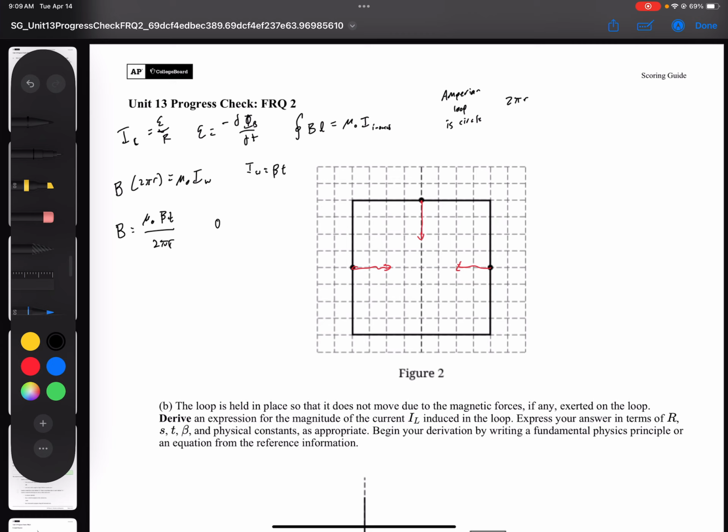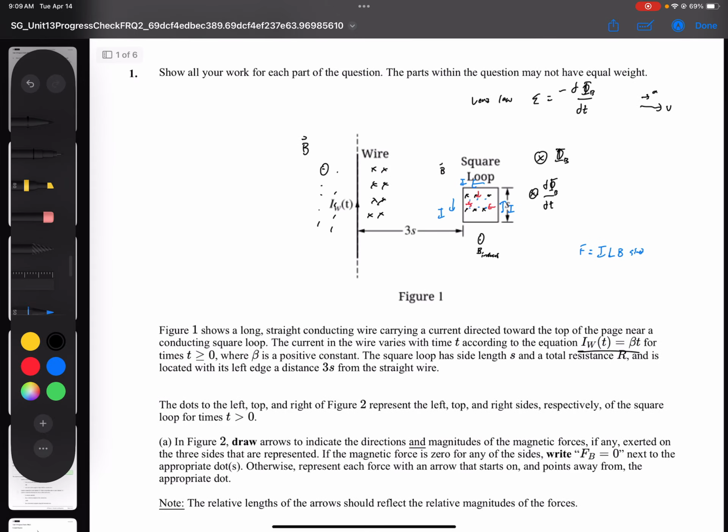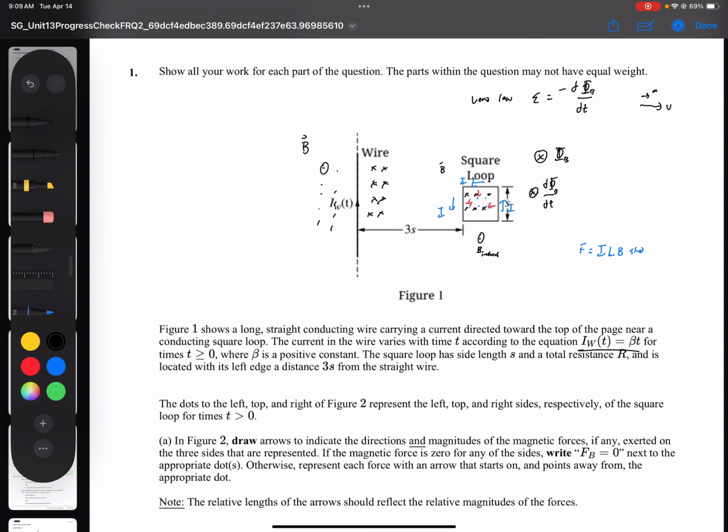I know the magnetic flux through the loop of wire is the integral of B dot dA, and I'm going to have to rewrite A in terms of the lengths here. Keep in mind the magnetic field is stronger on the left-hand side than on the right-hand side because it decays with 1 over r.